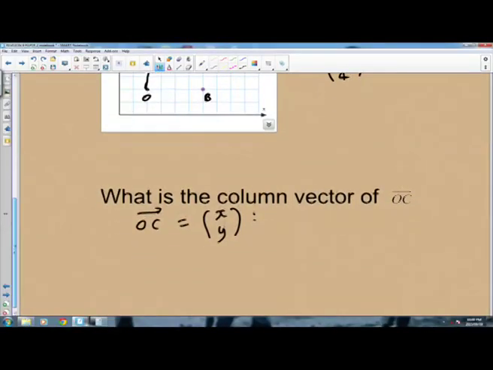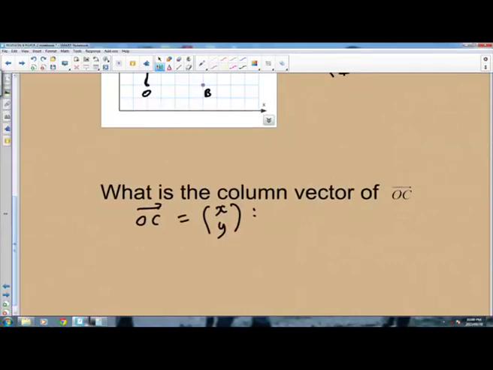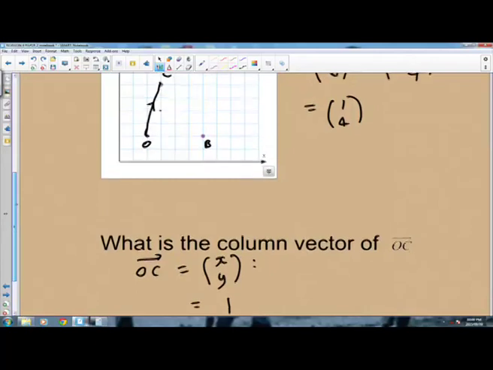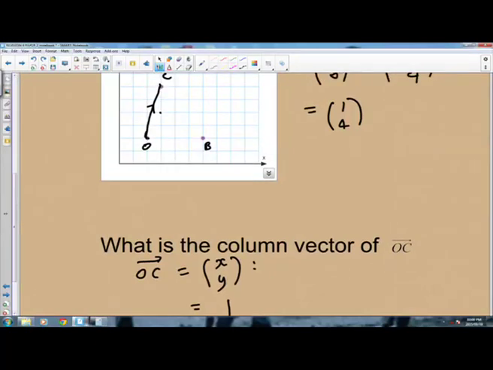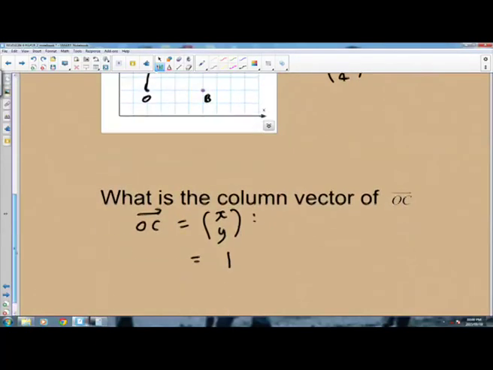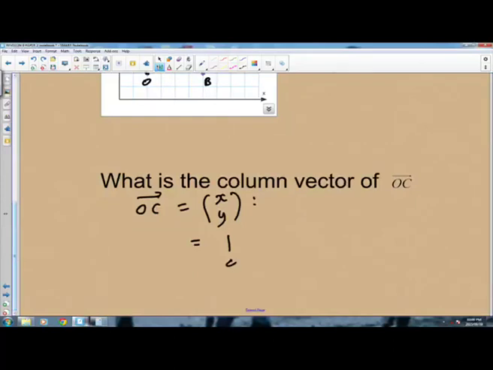So when we move along the X-axis to find our OC, we'll move 1 step to the right from point O. So this will be 1. And then how many steps will we move up? It's 1, 2, 3, 4. It's 4 steps. So this will be 4. Meaning the column vector of OC is 1, 4.